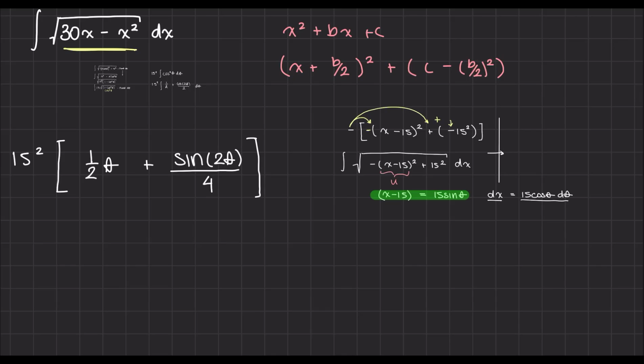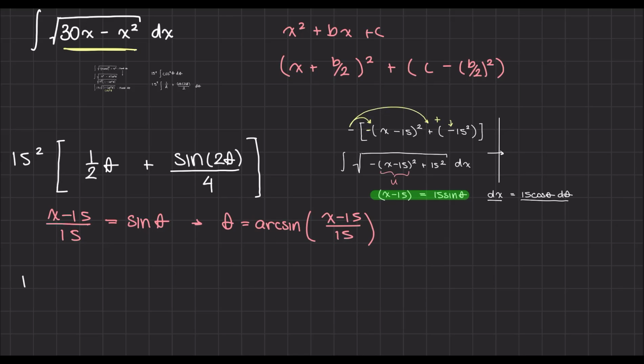Now we have to move this theta back in terms of x. And so that's not too complicated. If we separate this, we have x minus 15 divided by 15 is equal to sine theta. And then theta specifically is just arcsine of (x minus 15) over 15.